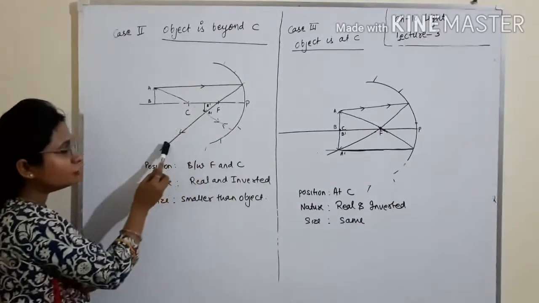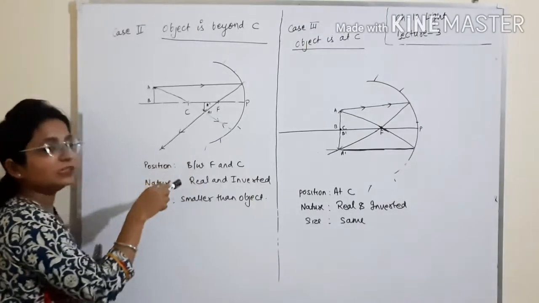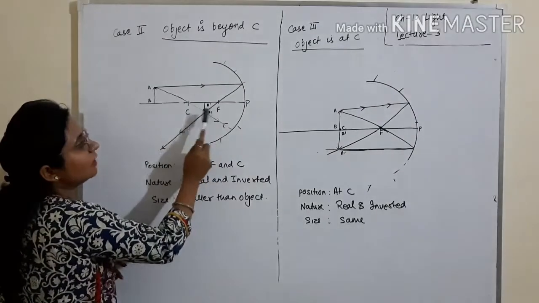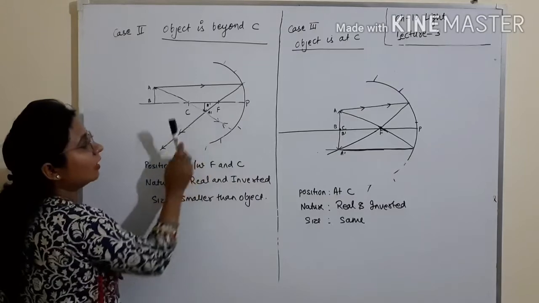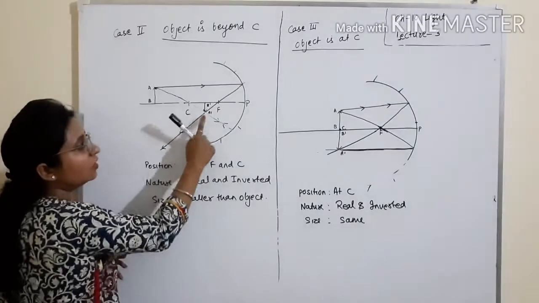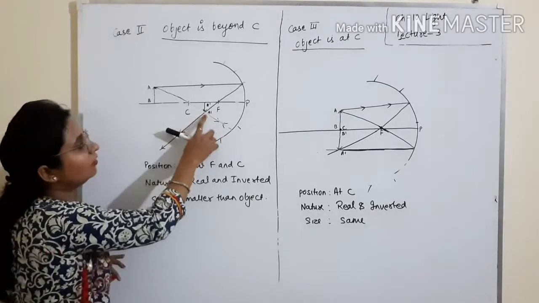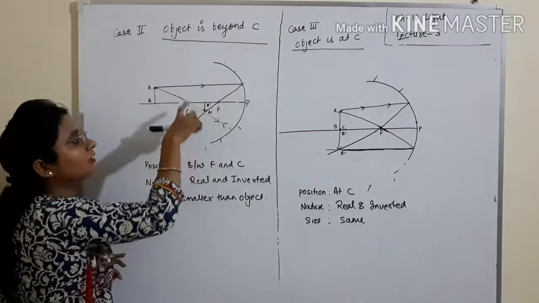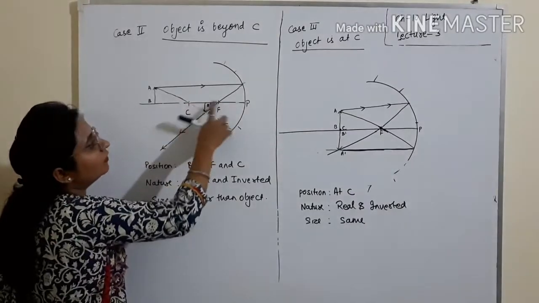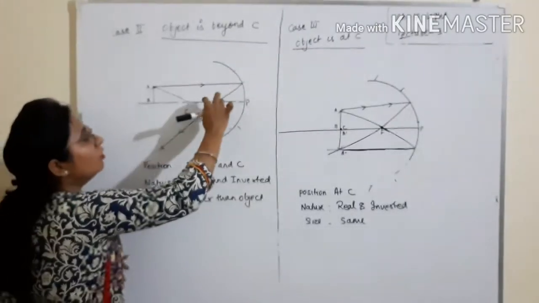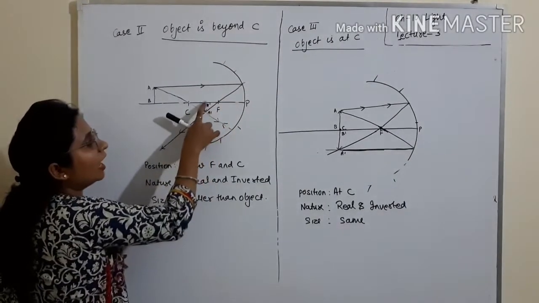The two reflected rays meet at this point where the image is formed. This point is actually the head of the image, and the legs of the image are at the principal axis. So this is the image A dash B dash.